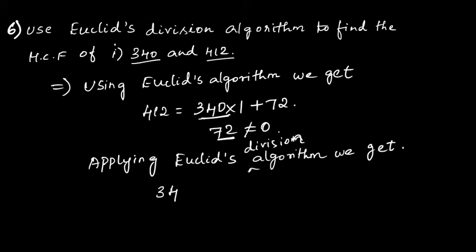So 340 is equal to 72, you can have maximum 4 times, then you have the remainder 52. Here the remainder is not equal to 0, so apply Euclid's division algorithm again.